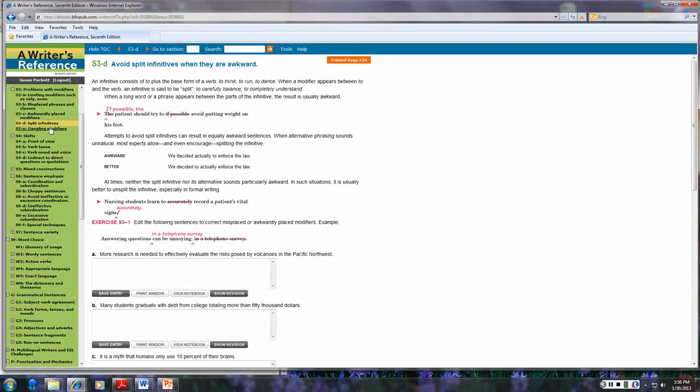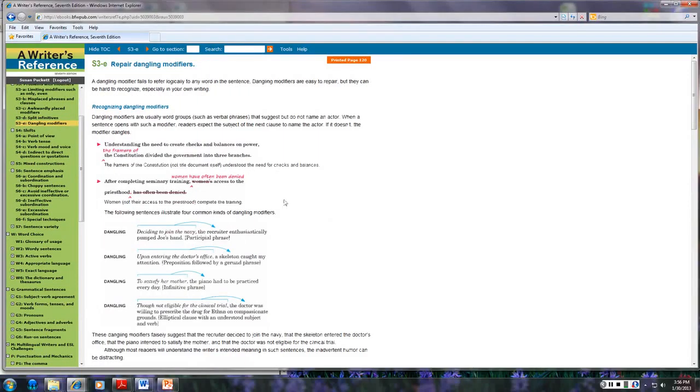And then the last in this section about construction is dangling modifiers. When you have a modifier at the beginning of a sentence, it typically modifies the word that follows the comma. Upon entering the doctor's office, it was not the skeleton that was entering.